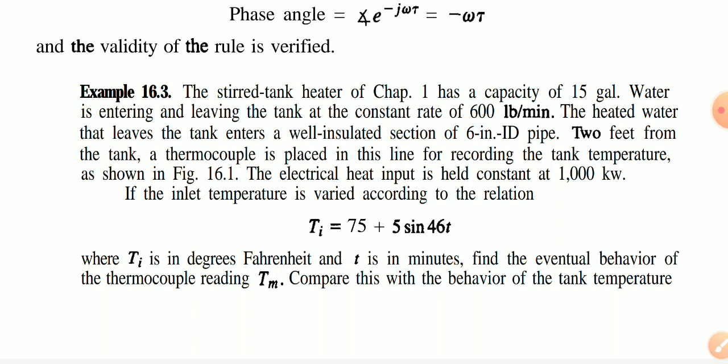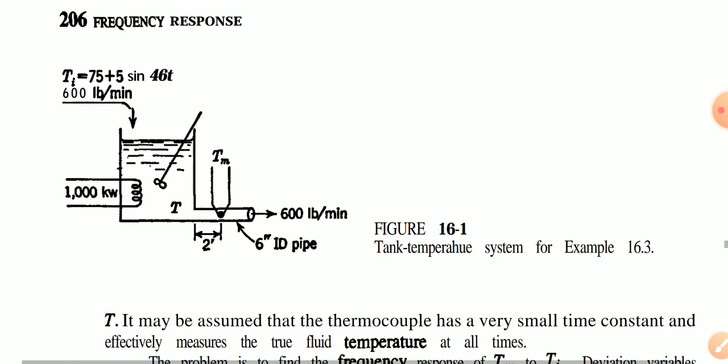Ti is equal to 75 plus 5 sin 46t, where Ti is in degrees Fahrenheit and t is in minutes. Find the eventual behavior of the thermocouple reading Tm. Compare this with the behavior of the tank temperature. Now draw this diagram, this figure.